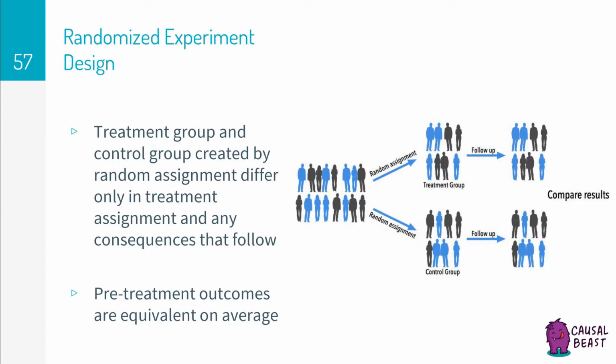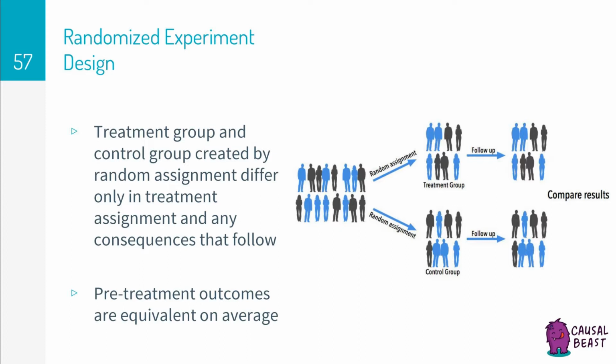To study the effects of health insurance in a randomized experiment, we first randomly sample a large number of people who are currently uninsured. Then we randomly assign about half of the people in our sample to the treatment group, and provide health insurance to everyone in the treatment group. The other half of the people in our sample that are not assigned to the treatment group get assigned to the control group, and continue to be without health insurance.